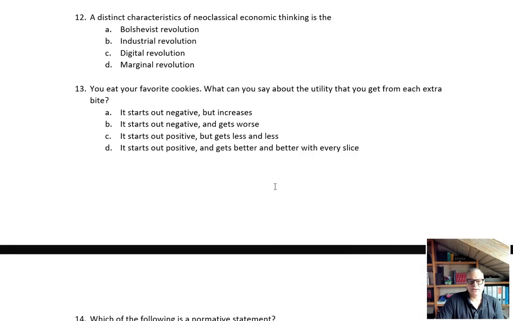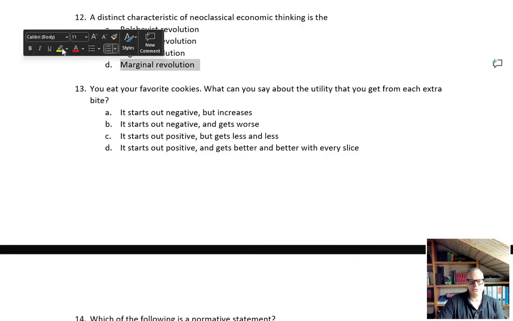Okay, 12, a distinct characteristic of neoclassical economic thinking is the Bolshevist revolution, the industrial revolution, the digital revolution, or the marginal revolution.